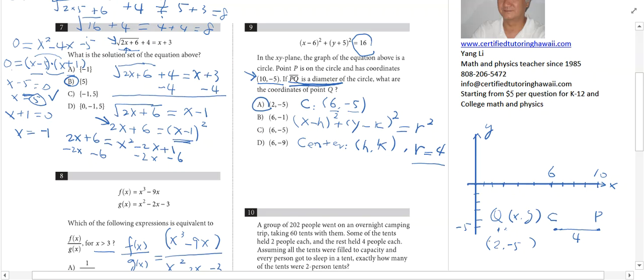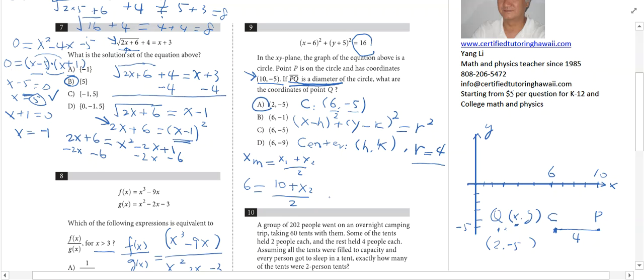We need to determine the x coordinate of Q. Because the center is the midpoint, whose x coordinate is 6, I'm going to use the formula: x midpoint equals (x1 + x2) / 2. The midpoint is 6, x1 is 10, the x coordinate of P, plus x2, which is Q's, divided by 2.